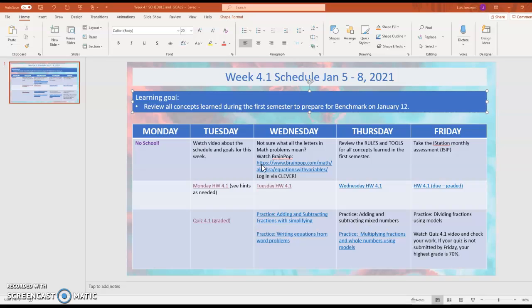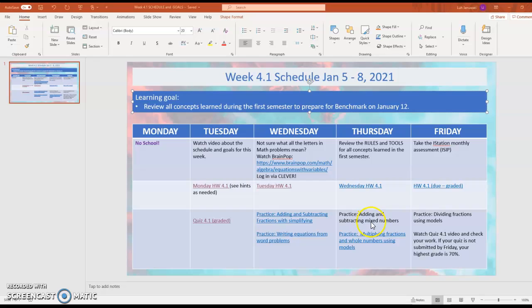You can log in via Clever and just type equations with variables, and you will be able to view the video. On Thursday, I haven't put this together yet, but I would like you to review rules and tools for all concepts learned in the first semester.